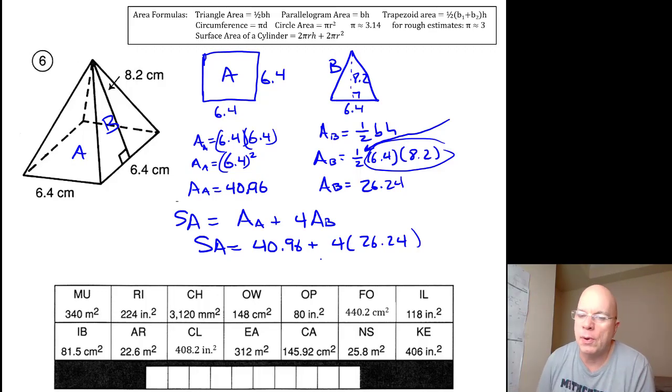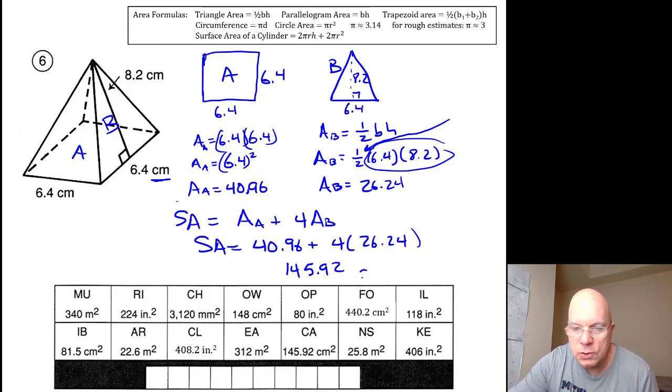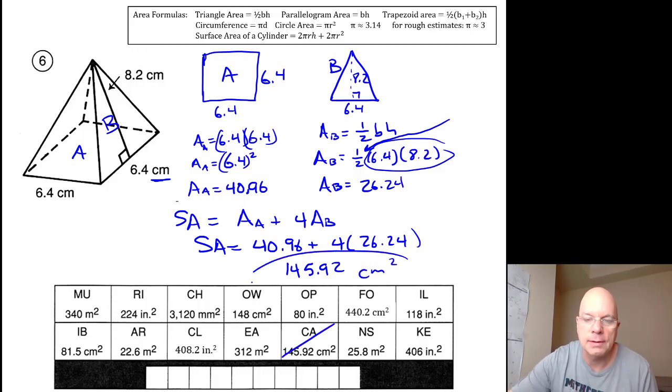So 104.96. When I add that to the 40.96, I get 145 and 92/100ths. They were centimeters, so centimeters squared, and that's right there. So we know we did it right.